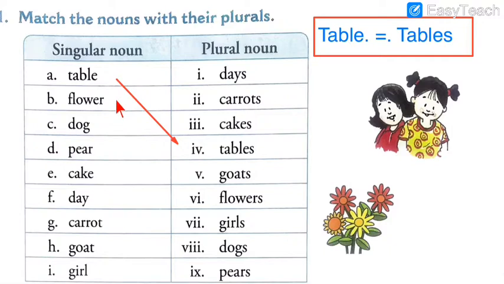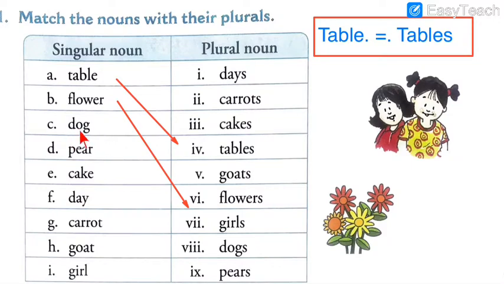So flower becomes flowers. So where is flowers? Here it is. So let's match flower with flowers. So we have done. And again, for those who are solving in the rough notebook, you have to write flower equals to flowers. Very easy, isn't it?